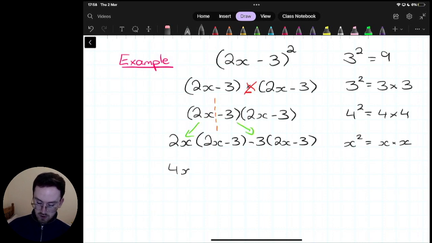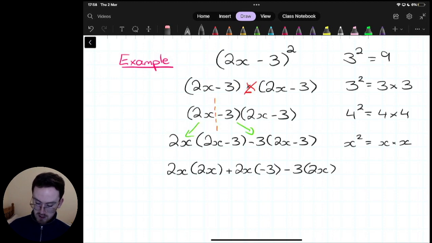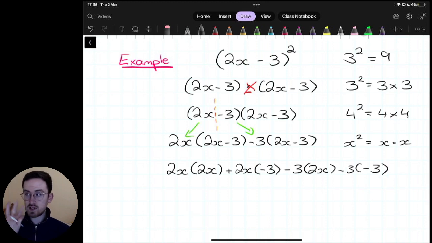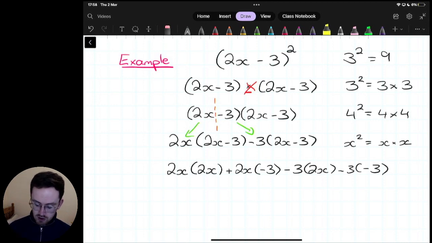And I get, skipping a step, splitting up my bracket, 2x by 2x plus 2x by my minus 3 and my minus 3 by my 2x. The hardest part about this one is that all the numbers are the same. We're getting all the same numbers repeating every time, and the hardest part is keeping track of it all. 2x here being repeated here and here, and then the minus 3 again, as we've always had, being in the place we expect.